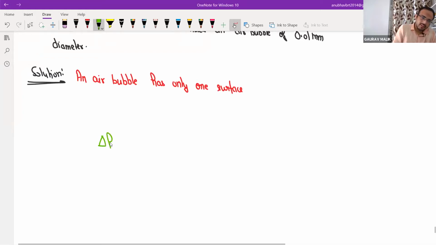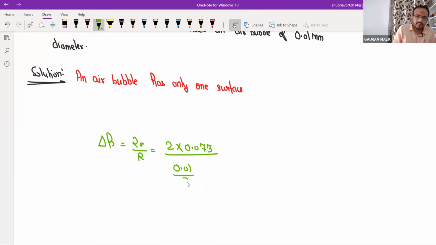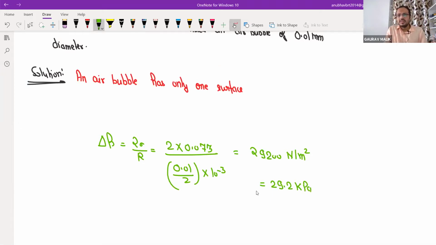So delta P is equal to 2 sigma by R. R is 0.01 divided by 2, times 10 to the power minus 3. 29.2 kilopascal. This is the correct answer.